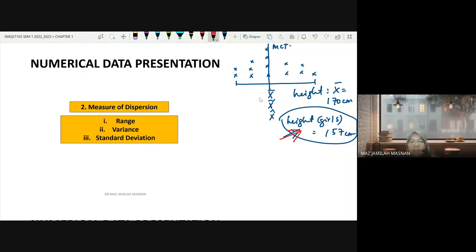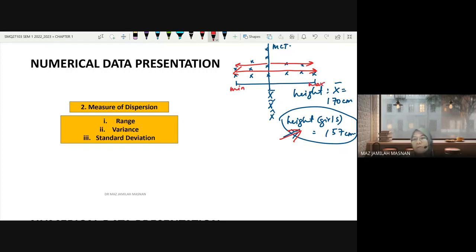There will be chances that the middle data may not capture the whole information of our data. So that's why we need the measure of dispersion. We measure how our data is spread from the middle to the minimum value and to the maximum value.